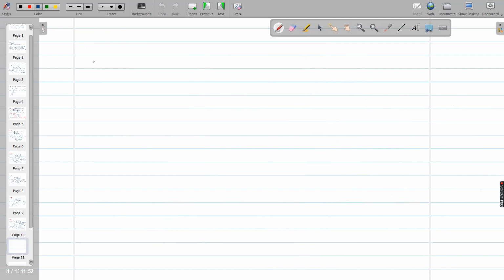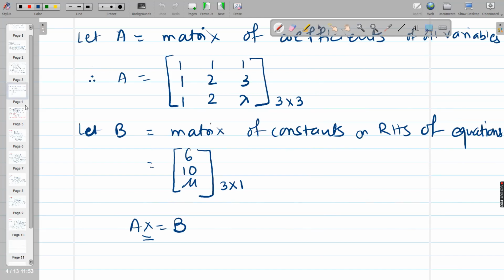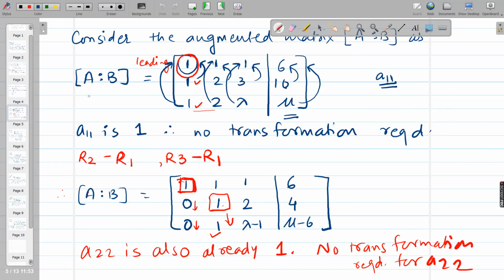So friends, we have seen today how we can find the values for lambda and mu to have different types of solutions. You can follow the same procedure to get the row echelon form. Try to get the leading ones from the augmented matrix AB, and remember, whatever leading ones you get, the elements below them you have to reduce to 0.